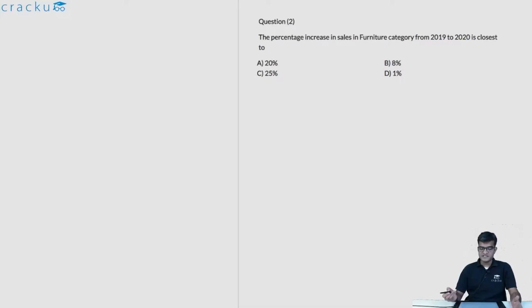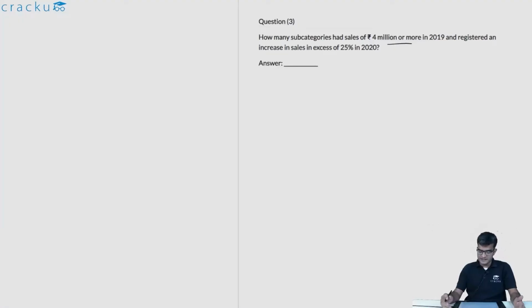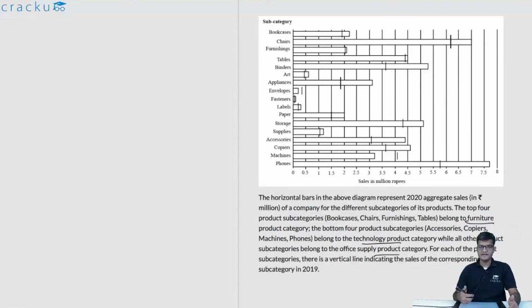For the next one, we are told to calculate the percentage increase in sales from 2019 to 2020, so for the first 4, we need the numbers in 2019 and 2020. Then you are asked how many subcategories are more than 4 million. So there is a condition of 4 million, and we can easily identify those greater than 4 million without actually finding the number for each of the 17 ones.